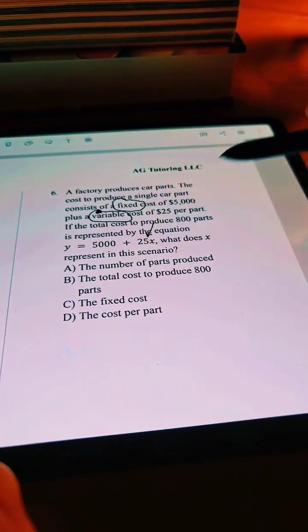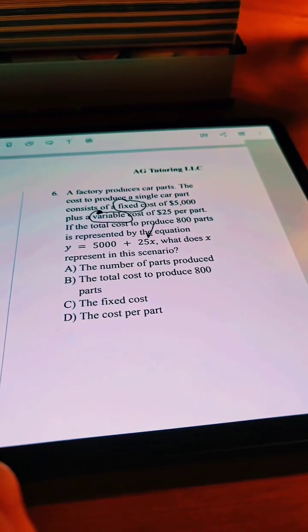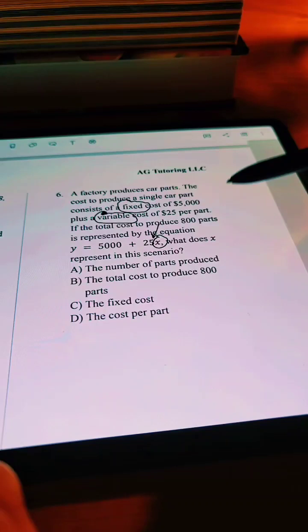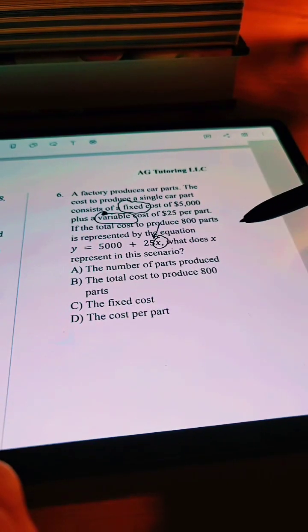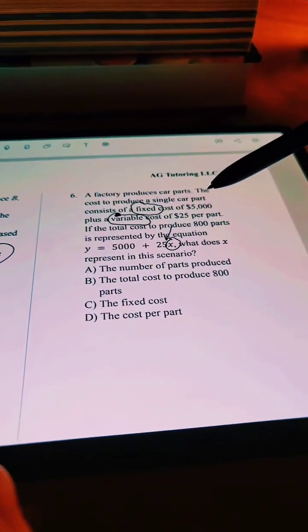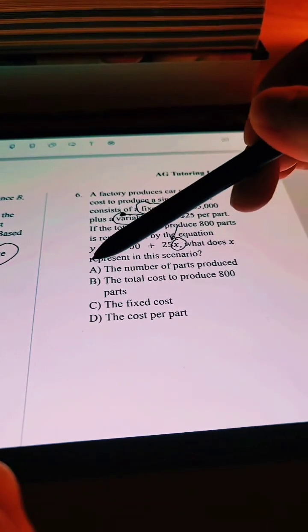Whatever comes after per, each, or every is going to be the units for what you're multiplying the slope by. So this is going to be in car parts. So that's going to be the number of parts produced, A.